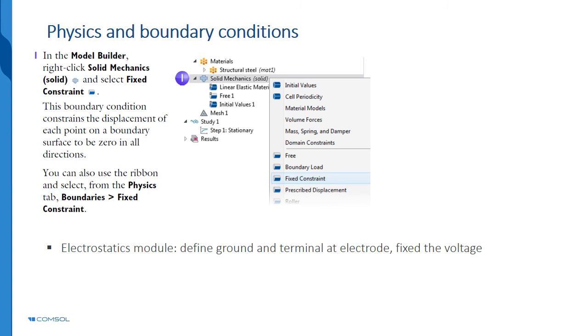The next step for this model is to define the physics and the boundary conditions. For this model, we're going to choose two modules.